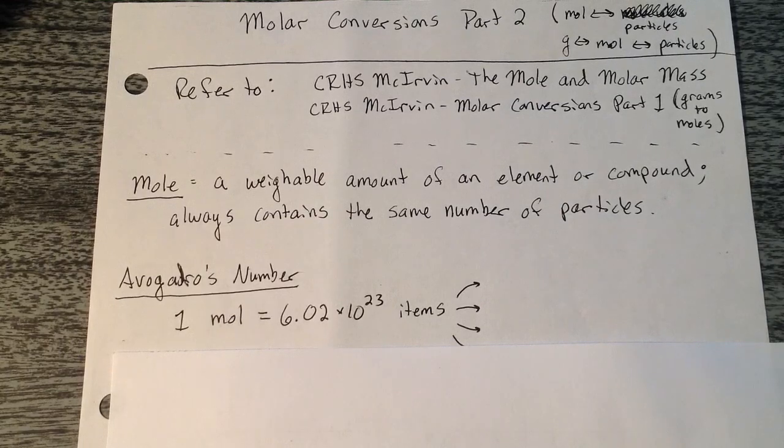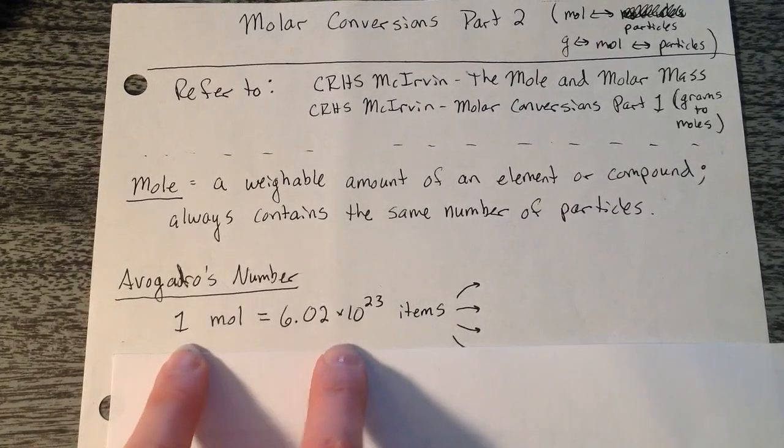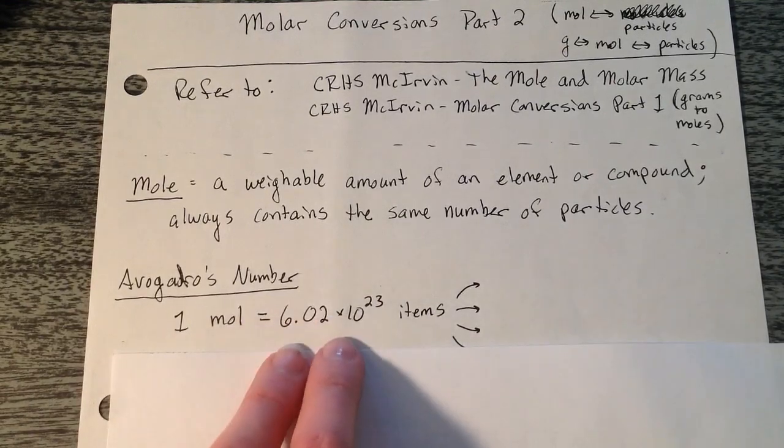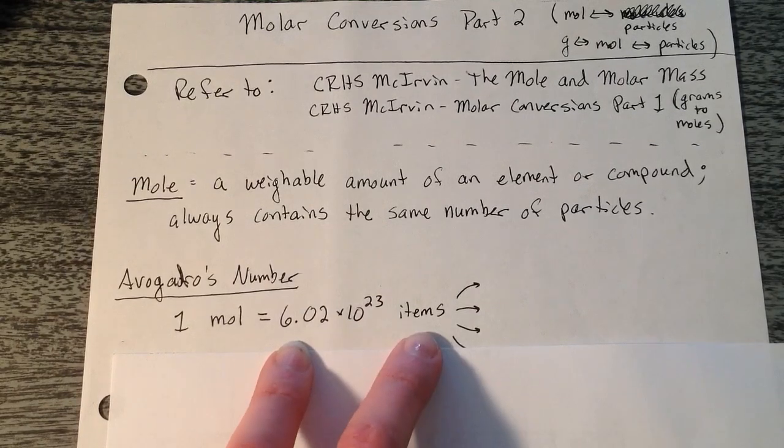That unit at the very end changes, but the relationship between 1 dozen and 12 stays the same. In a similar manner, 1 mole of anything is 6.02 times 10 to the 23rd items of whatever you're looking at.